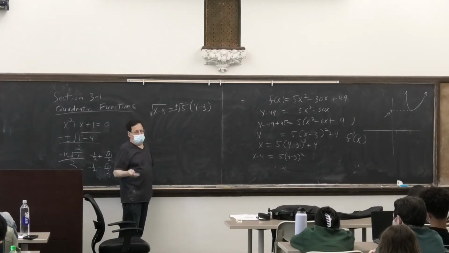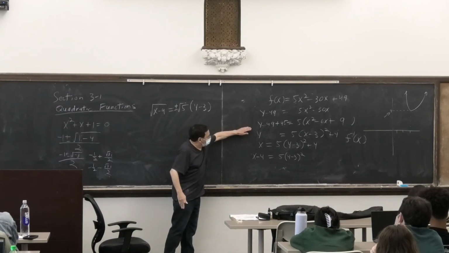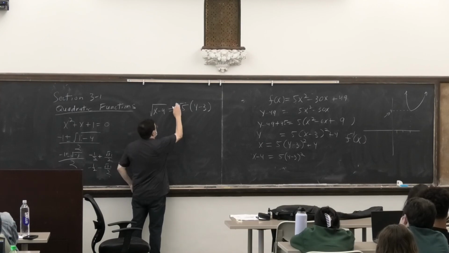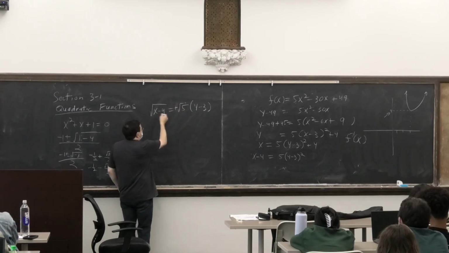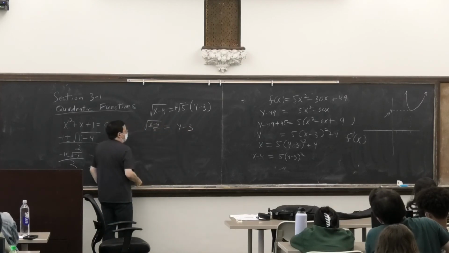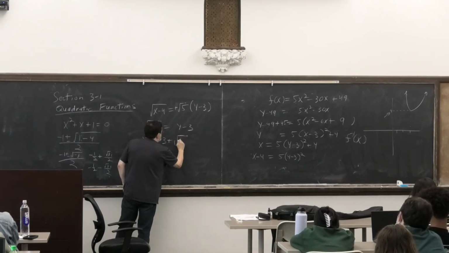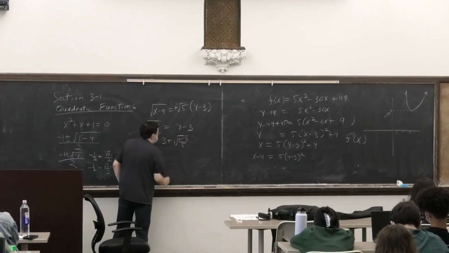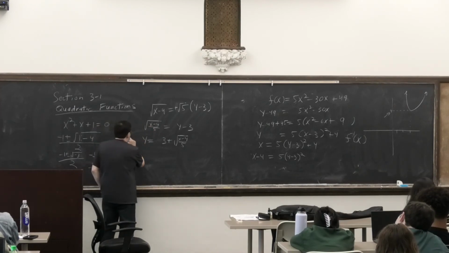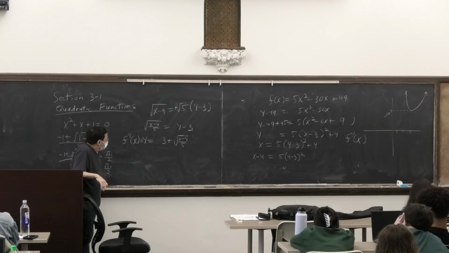Now, this is not a one-to-one function typically, so we're going to have to make it a one-to-one function. So we're just going to look at the positive square root. We divide. And now we can just add 3 to both sides. So we're going to get y equals 3 plus the square root of x minus 4 over 5. So that's now the inverse function. So you can find the inverse function of a quadratic this way.